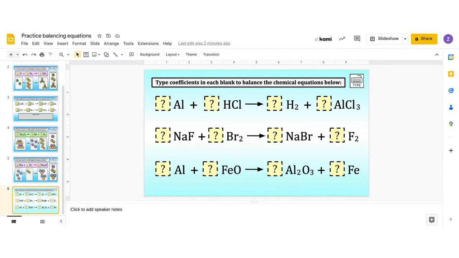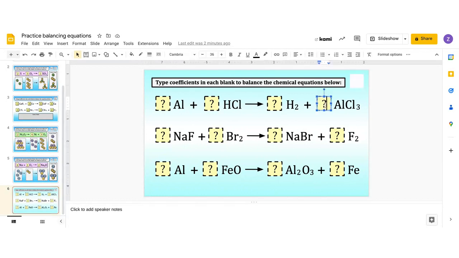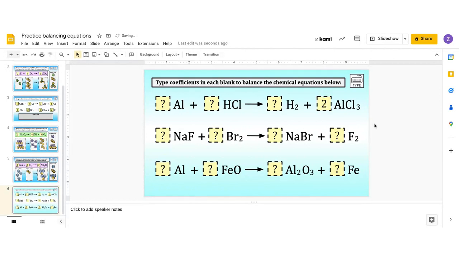Let's put a 2 in front of the AlCl3. Okay. So now we can go to the Al side. On the reactant side, we're going to put what in front of the Al? 2? Right.